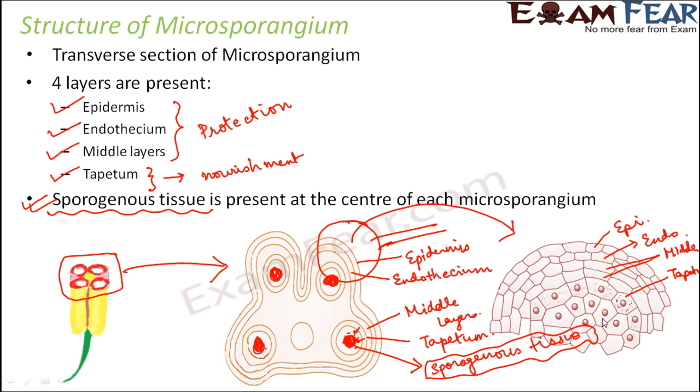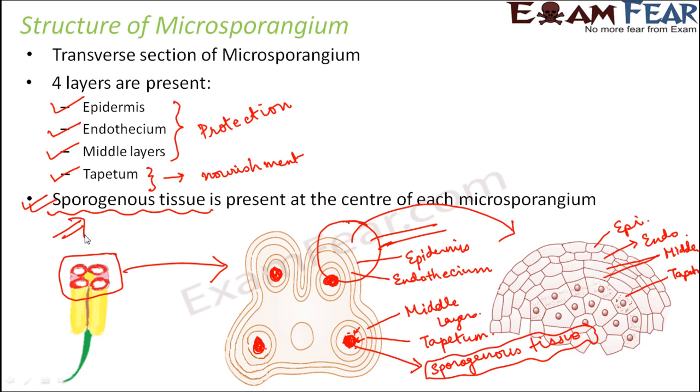Now you might ask, what exactly is the sporogenous tissue? Like any other tissue, this tissue is also made up of cells, and the cells are very compactly arranged and they are all homogeneous cells. That is, cells are all of uniform kind. And the cells of the sporogenous tissue undergo meiotic division to form the microspore mother cell.